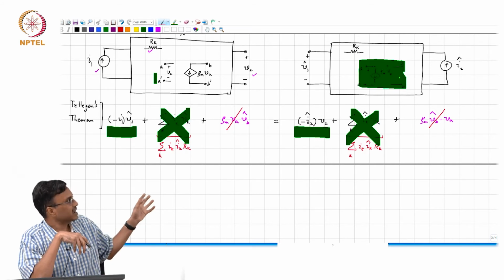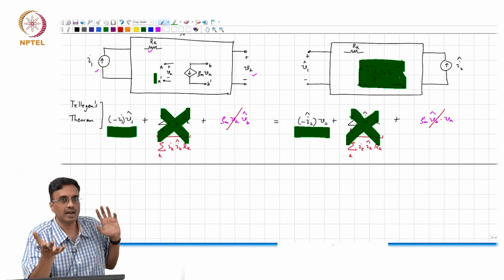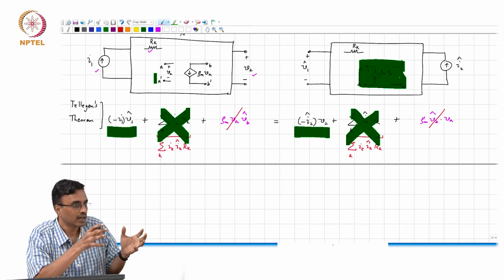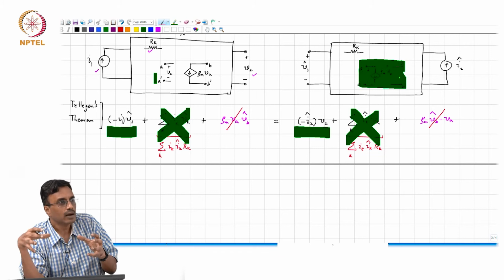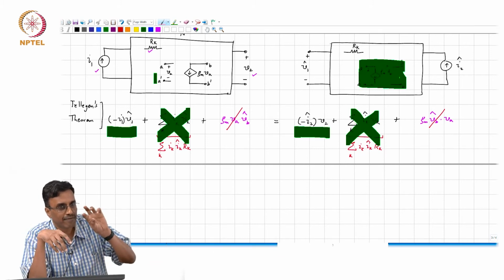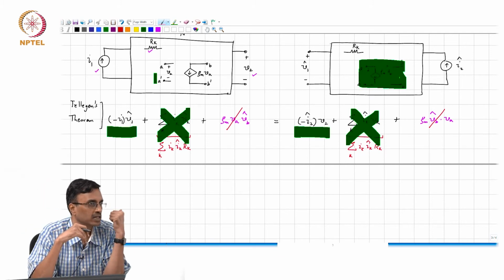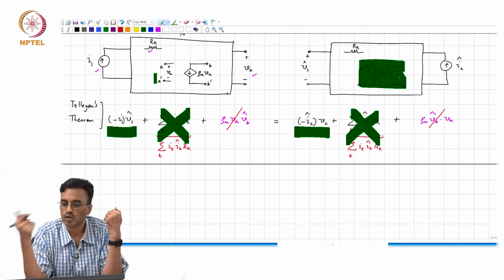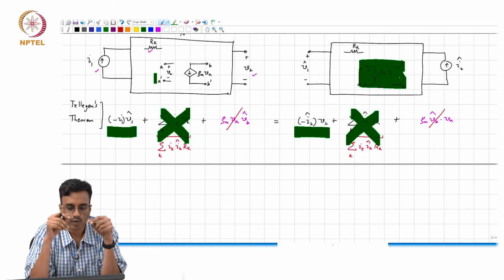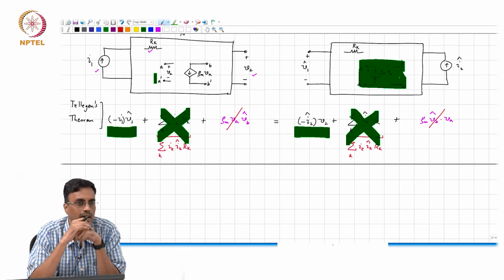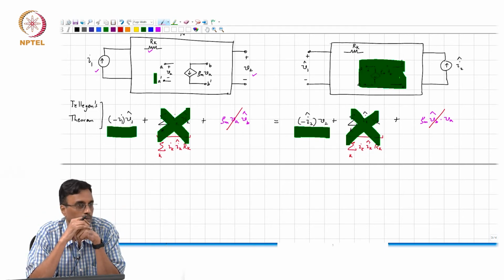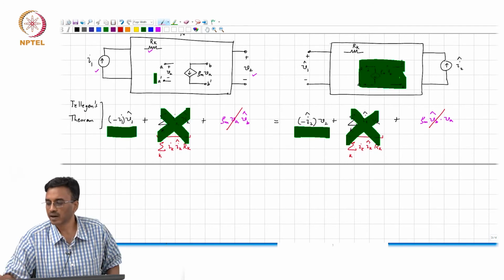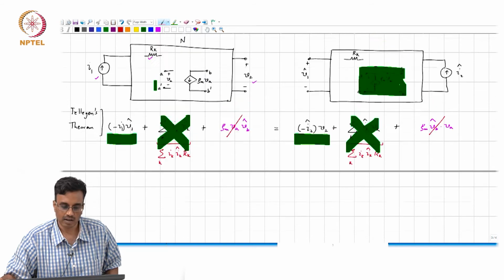However, if you interchange the location of the excitation and the response, not for the same network, but another network where you simply flip the orientation of the voltage controlled current source, then you will find that V2 by I1 is the same as V1 hat by I2. Does it make sense?